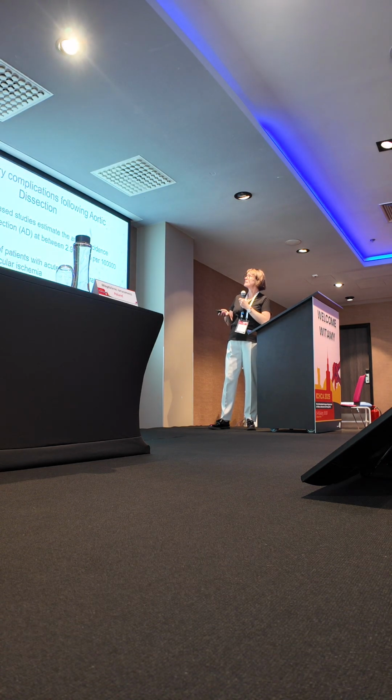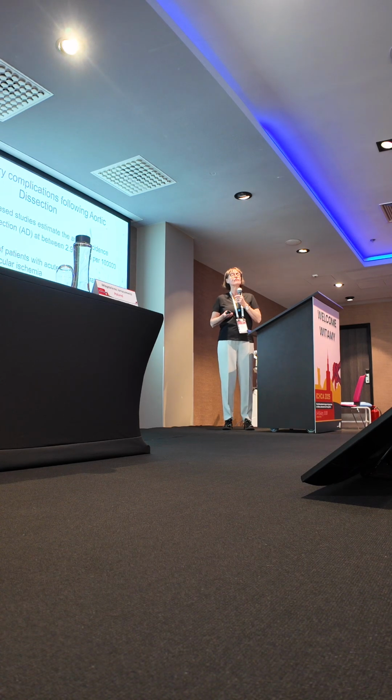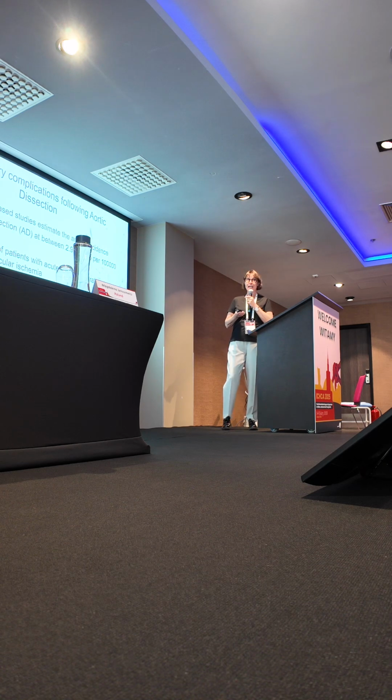Complications following aortic dissection are very rare and do not often happen in children, but in young adolescents with hypertension, they do happen. We do have dissections, especially in young men, 20-something.